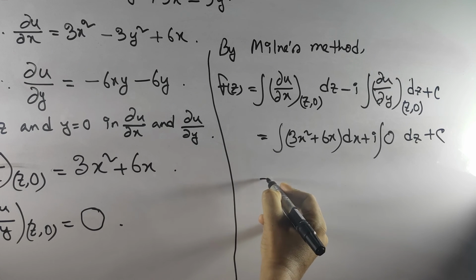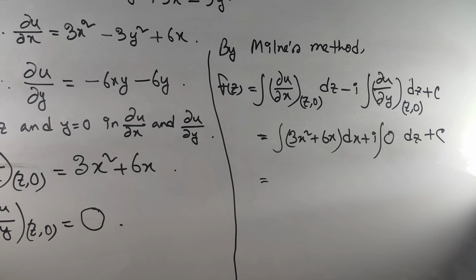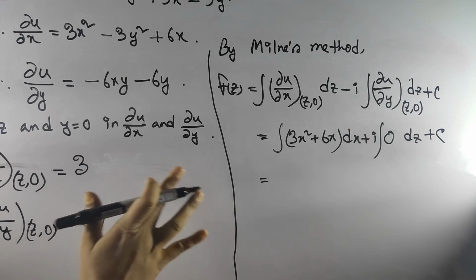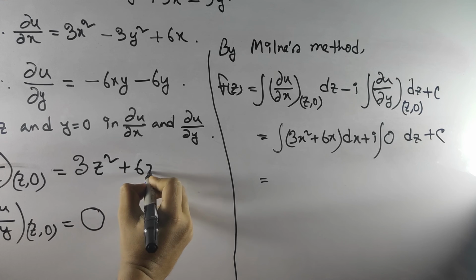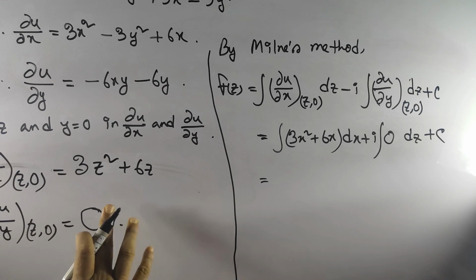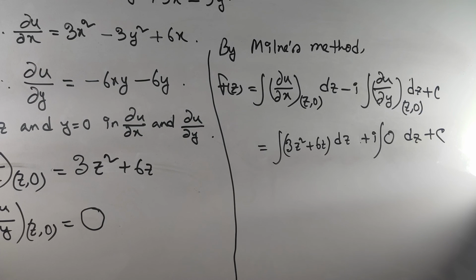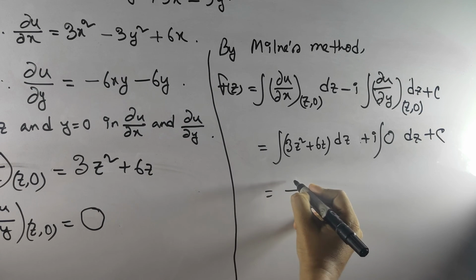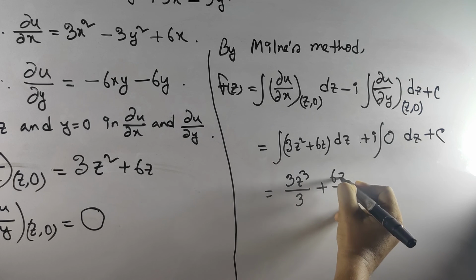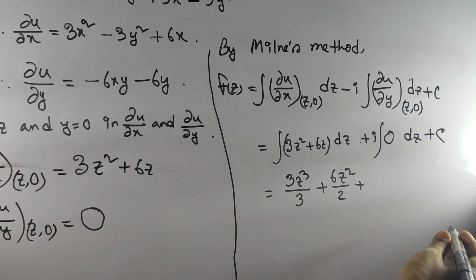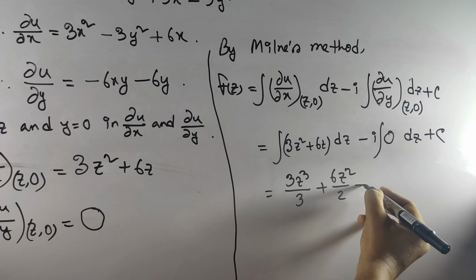If we integrate this, here x is z, it will be 3z cubed by 3 plus 6z square by 2 minus 0 plus c.